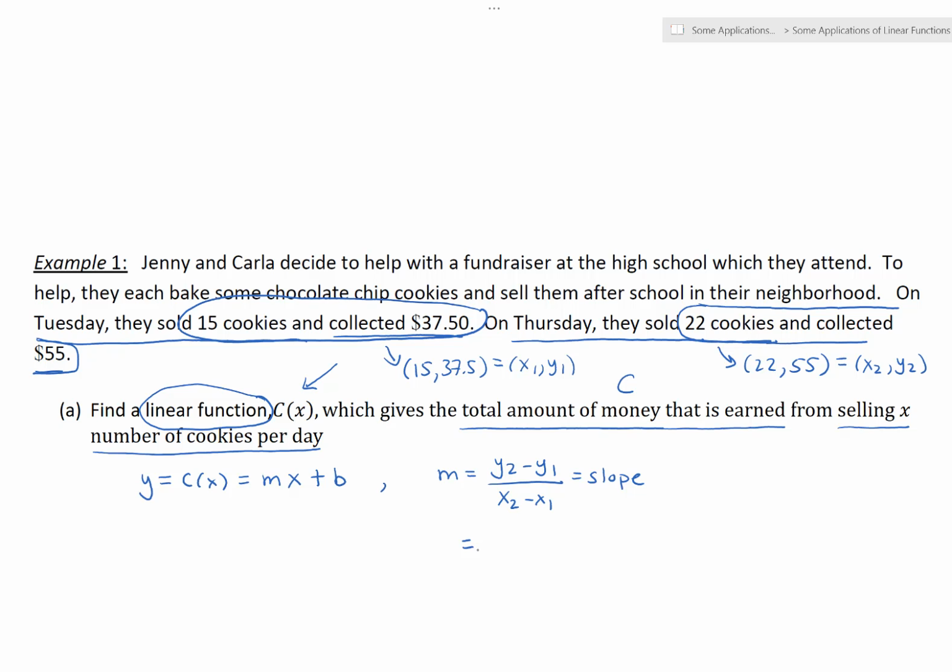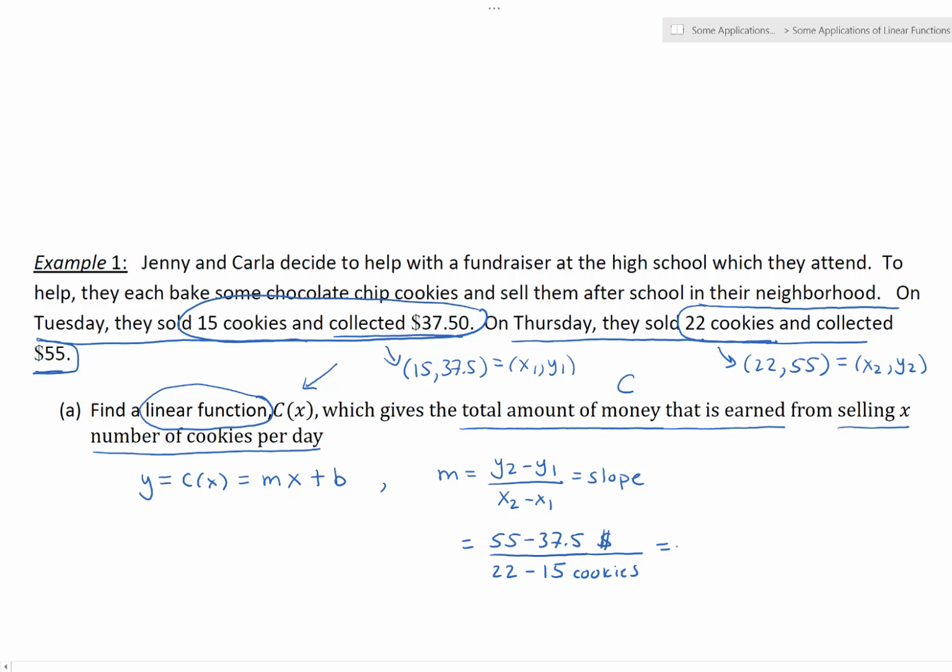That's going to be y2 minus y1, the change in the output, 55 minus 37.5 in the numerator, and note that that is in units of dollars. Then divide that by x2, which is 22, minus x1, which is 15, and notice that is in cookies.